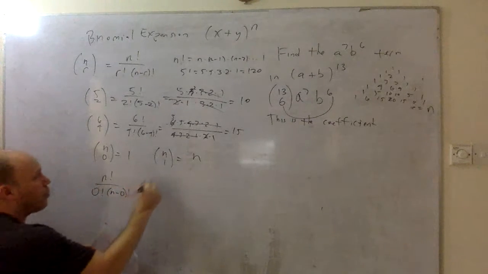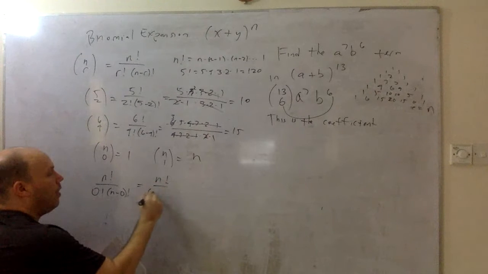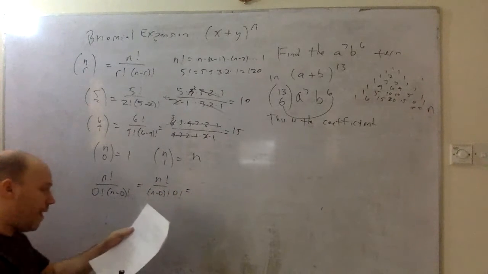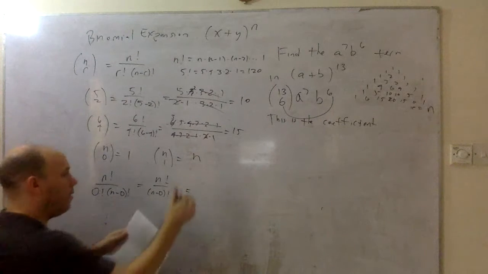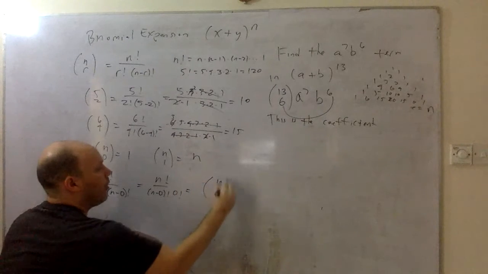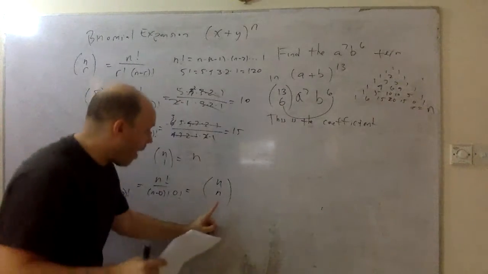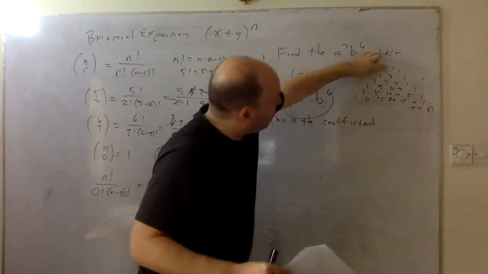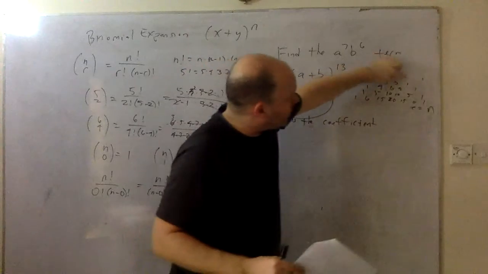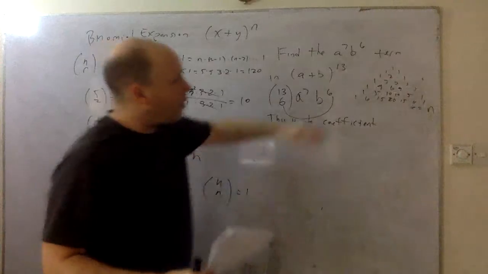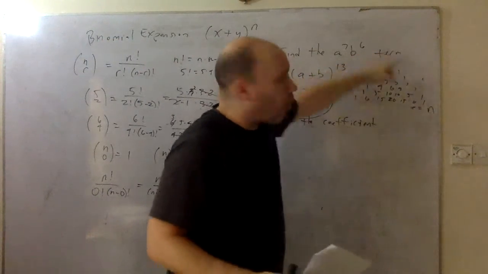But I can just switch this around, and then this turns out to be n choose n. And that's why the rows all have 1s along the corners.